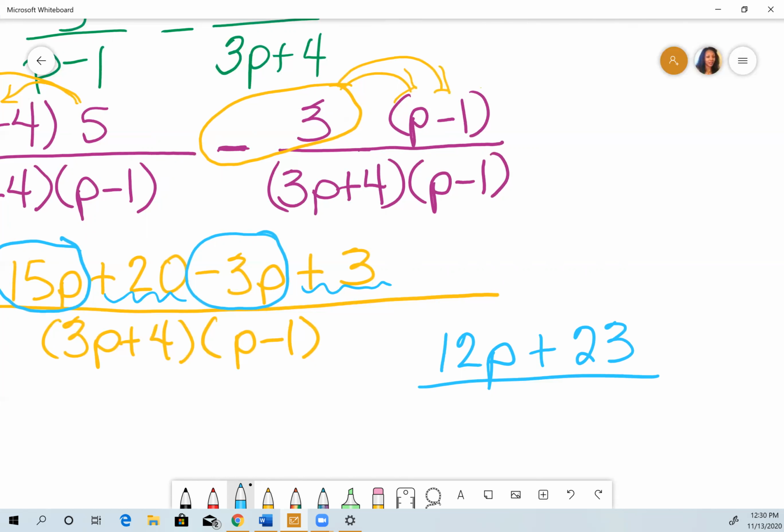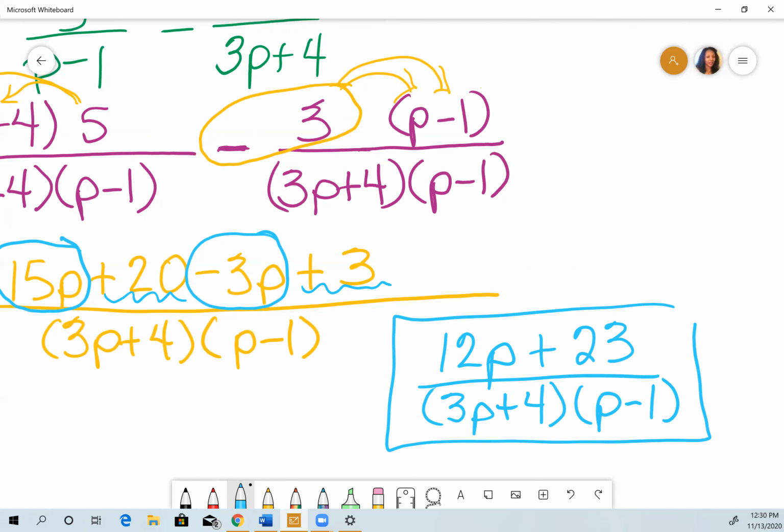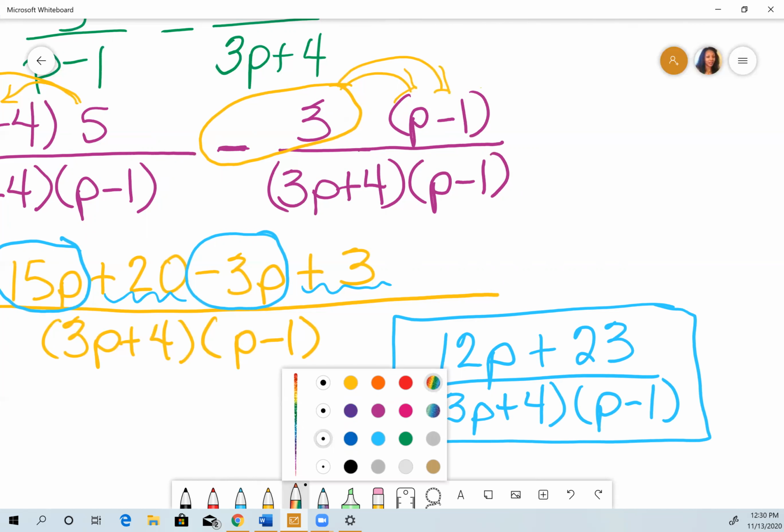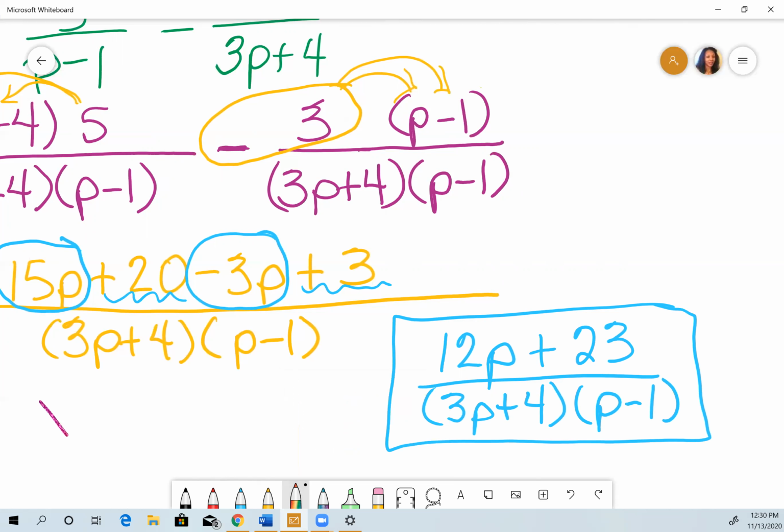And now, again, I use that same denominator, which is 3p plus 4 times p minus 1. I noticed at the top, I can no longer factor that, so I'm finished because there's nothing that I can eliminate or cross out.